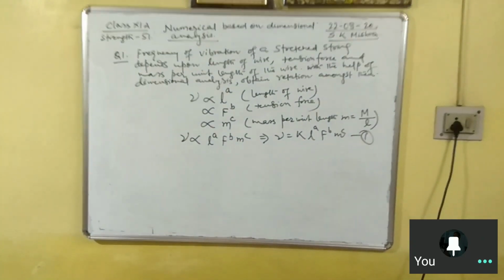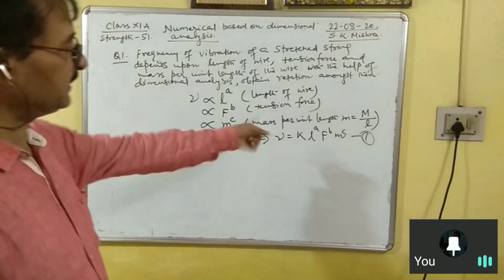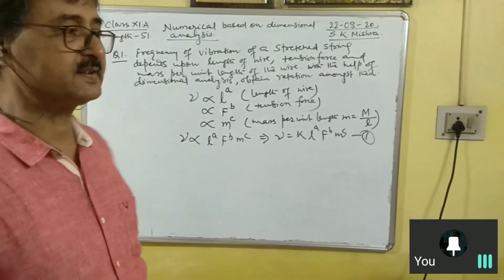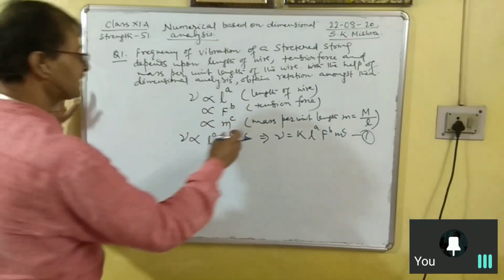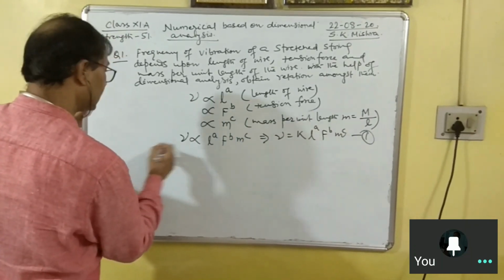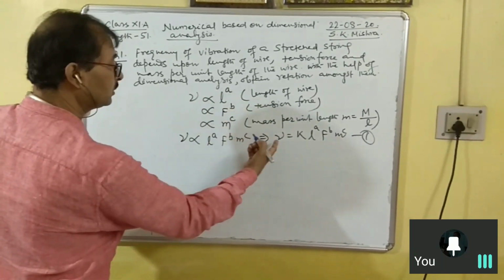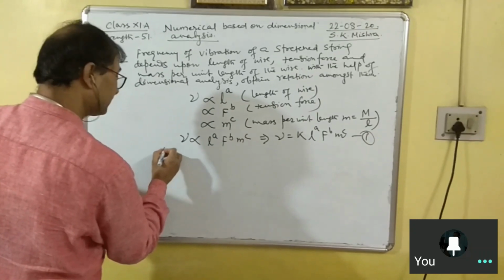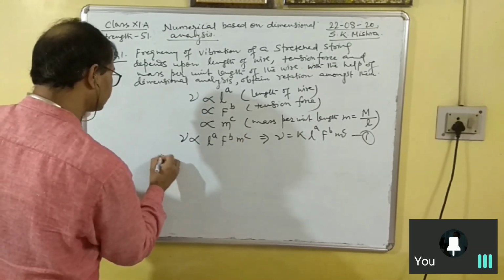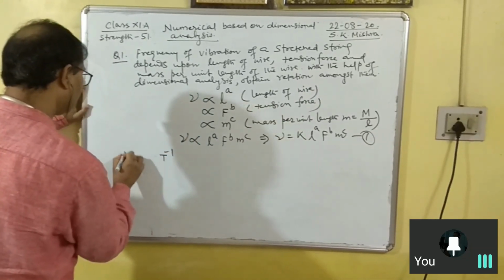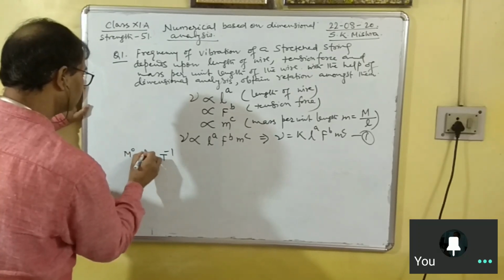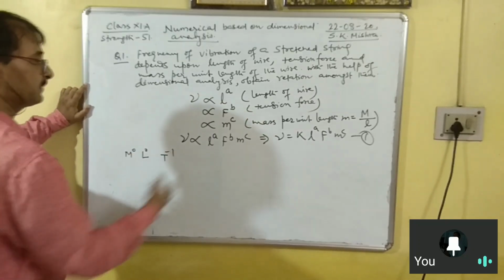Now putting the dimension of each term in LHS and RHS. So we are just substituting the dimension of nu. You all know the dimension of nu is what? 1 by T. So this is M naught, L naught, T raised to minus 1 on this side.